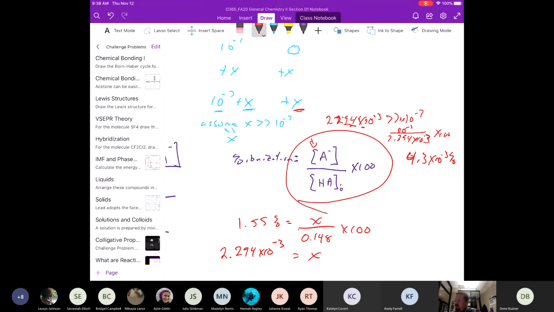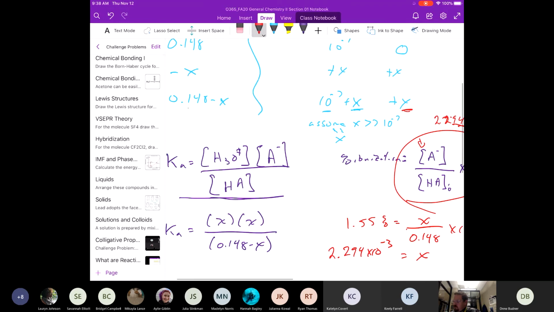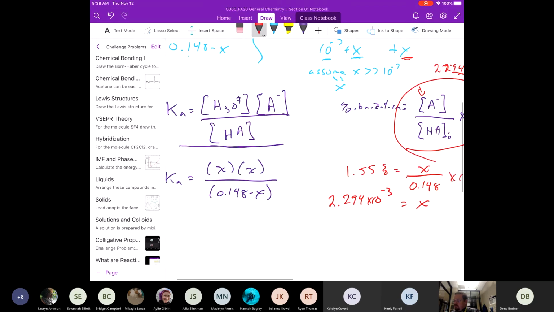Okay. So then we can come back over here and put these numbers back in for x. Now our Ka is going to be equal to whatever we said x was, which was 2.294 times 10 to the negative 3. x times x is x squared, so we're going to square that number, divided by 0.148 minus x, which is 2.294 times 10 to the negative 3.